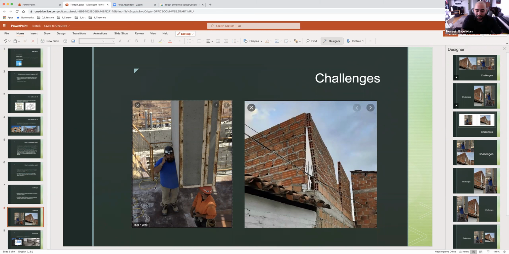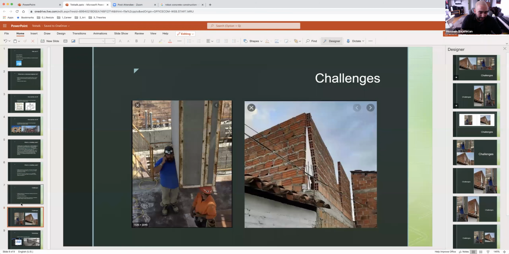But generally, with an existing building, when you open things up, you see things that you would definitely call non-code compliant. I don't know if anybody finds this unsettling.